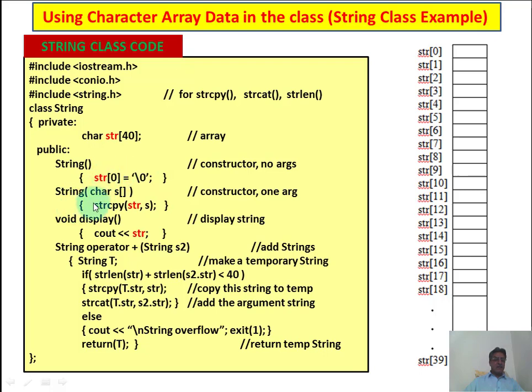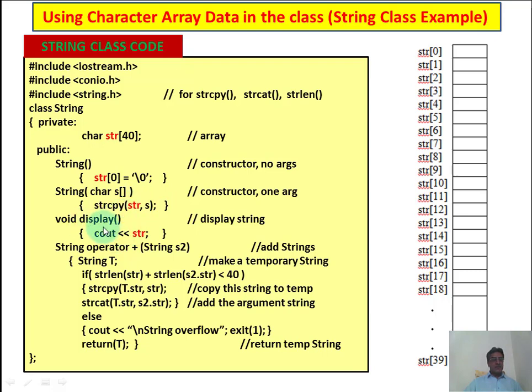This is a one-argument constructor, so it will receive an array of characters in the form of a string, and that value which is passed to s will be stored in the memory of str, that is, the memory of the calling object.